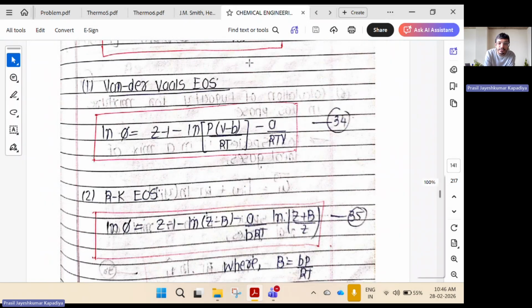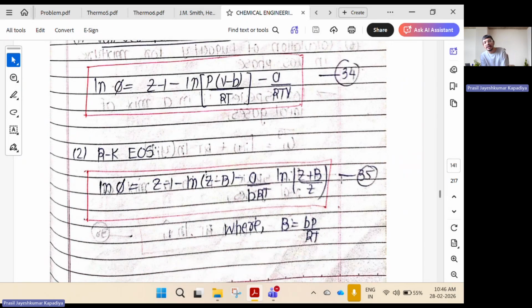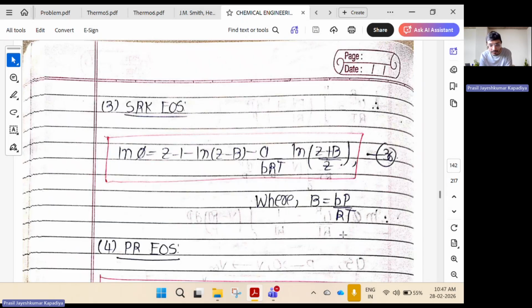So for van der Waals equation of state, we see that ln phi is equal to Z minus 1 minus ln of P into V minus B by RT minus A by RT V. Similarly, for Redlich-Kwong equation, phi is nothing but F by P. So ln phi is equal to Z minus 1 minus ln of Z minus B minus A by BRT ln Z plus B by Z, where B is nothing but small b P by RT.